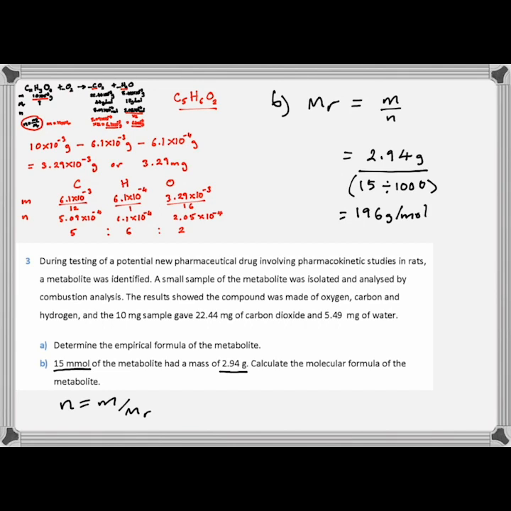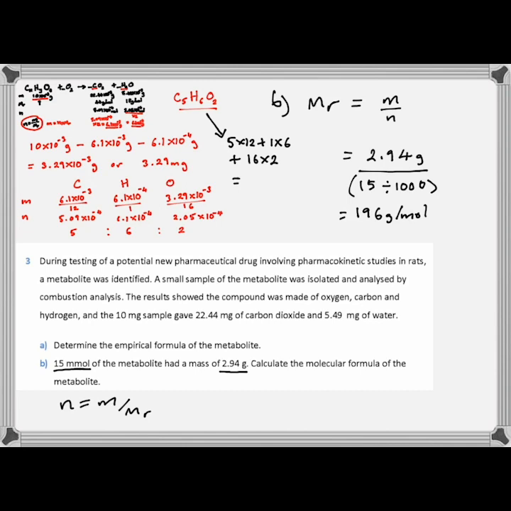What we then have to do is find the MR from our empirical formula. And the MR of our substance from our empirical formula would be 5 times 12 added to 1 times 6 added to 16 times 2. And what you'll find is that this gives you exactly half of 196.